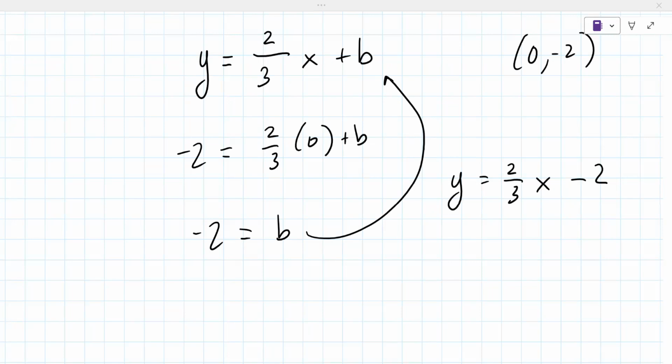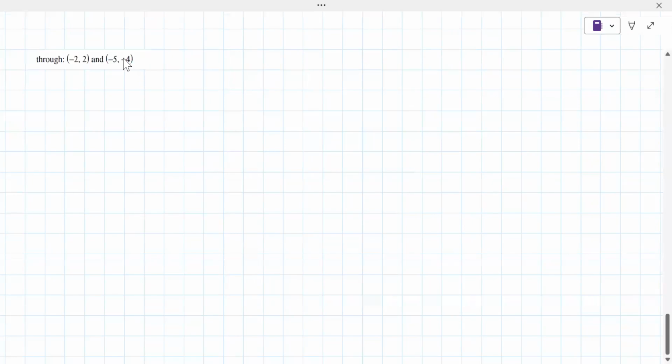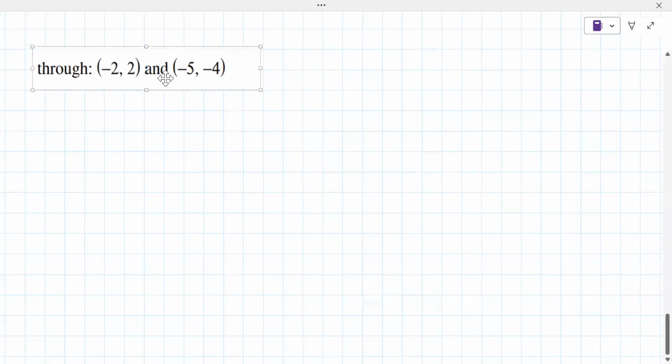Okay, so here is a new problem for you to do. What I want you to do first, though, is just do the slope. Let's make sure you got the right slope before you proceed, and then I'll let you write the full equation.